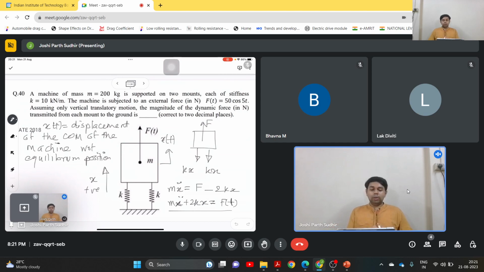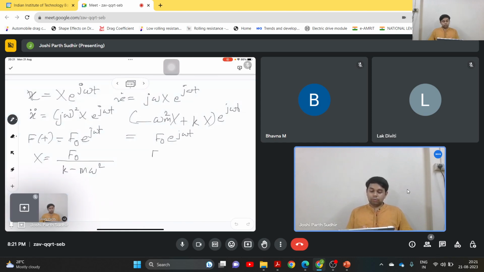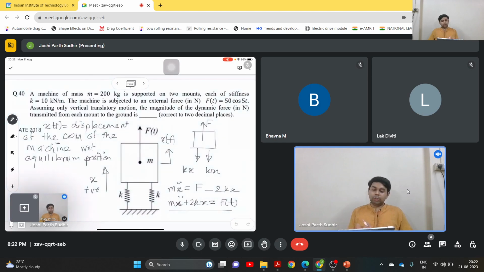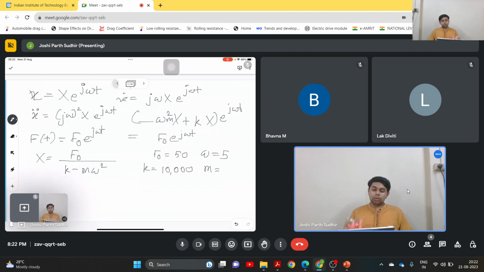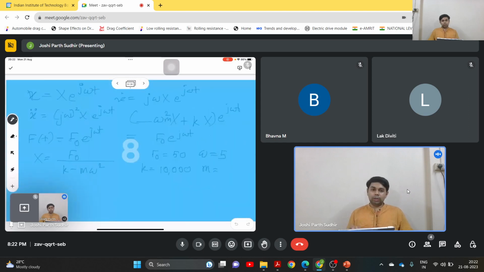It is given that the amplitude of the force is 50. So F naught is basically 50, and omega is equal to 5, and it is given K is 10 kilonewton per meter, which is 10,000 Newton per meter, and the mass M is given to be 200 kg.